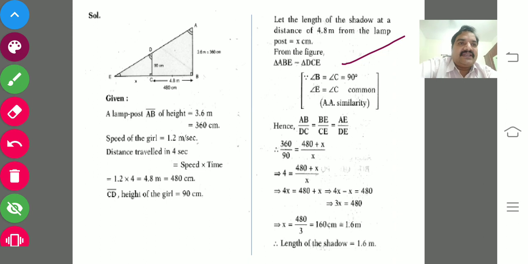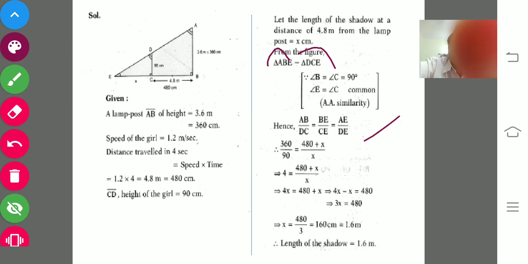Now observe the technique I told you. You take the first two, AB by DC, and the second and third, BE by CE, and next the first and last, 1 and 3, so AE by DE. That's it.